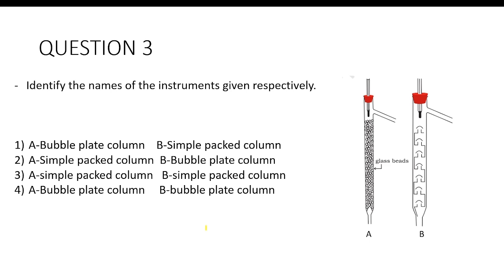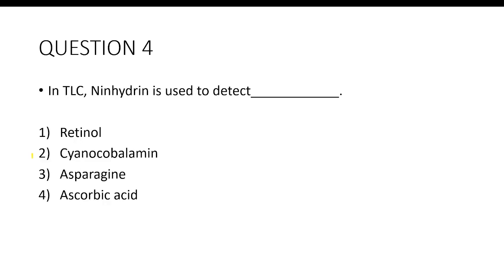Next, question number 3, a diagram based question. These diagrams are given in your NCERT textbook. Identify A and B. A is a simple packed column and B is a bubble plate column, right? Next, this is a very important question, a connecting link between purification methods and biomolecules.